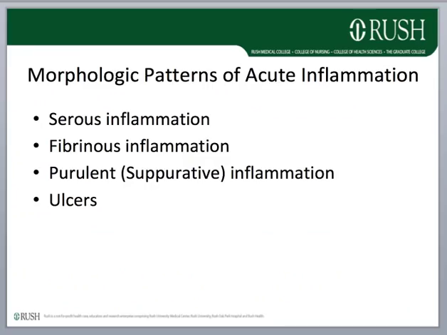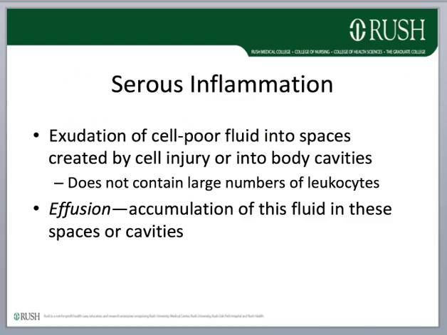Okay, finally I can show you some real pathology now. There's several different morphologic patterns of acute inflammation: serous inflammation, fibrinous inflammation, purulent or suppurative inflammation, and finally ulcers. So let's take each one of these, and I'll show you examples of each of these.